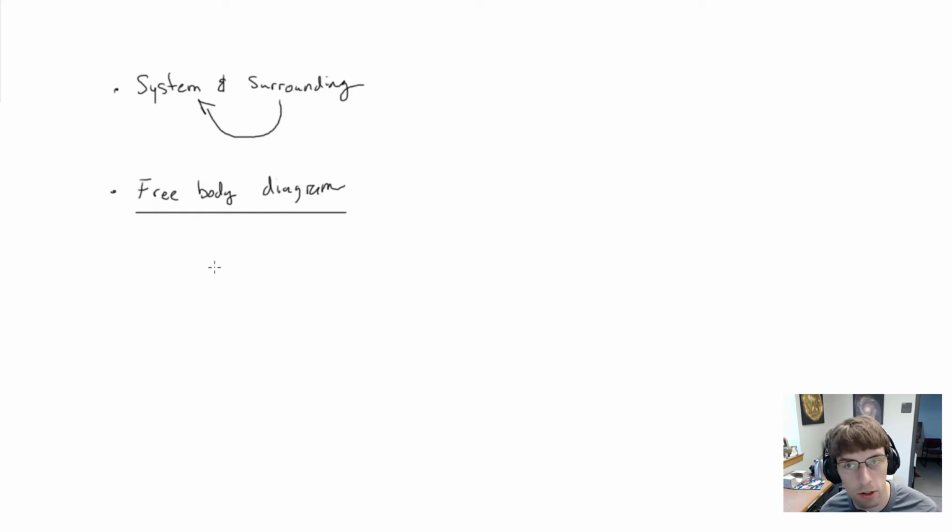We can talk about center of mass later. Then you simply draw in all of the forces that are acting on the object. I'll draw a couple of these so that we can get used to them, but most of the time I'll abbreviate this as FBD. It's a way of summarizing all of the forces acting on the system in a pictorial manner.